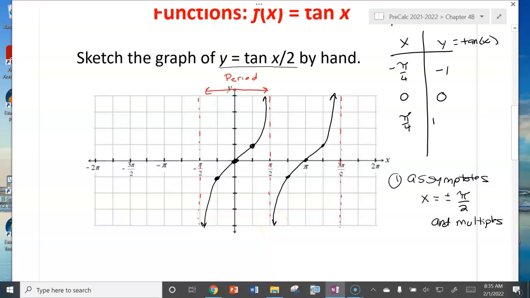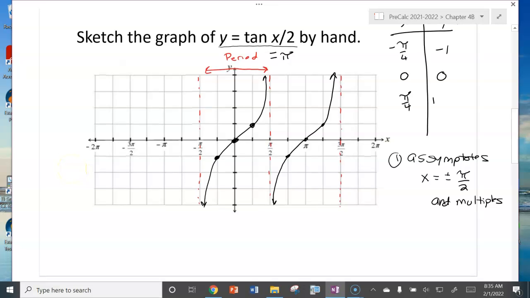Period is, in this case, the period length is pi. So it's not 2 pi, it's pi. That comes into play when doing our transformed function. So last time we said period was 2 pi over b. This time for tangent, period equals pi over b. And our b in this case is 1/2.